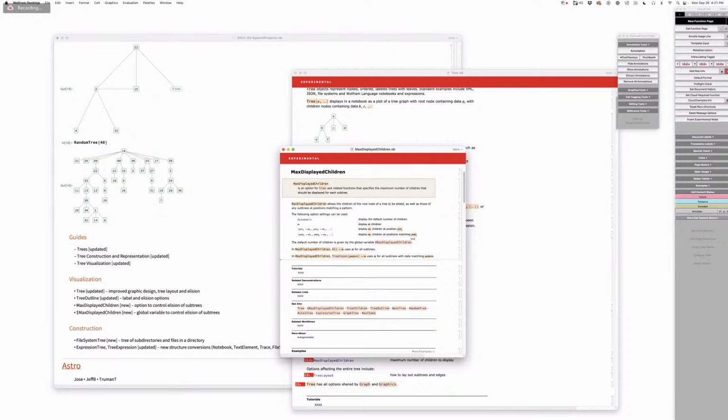Well, even automatic only affects that node. But then this is nonsense. You see what I'm saying? In other words, does $max displayed children affect every node in every tree? Answer yes. Right? Okay, so this is not clear. But I'm saying setting automatic in a given node only affects that node.